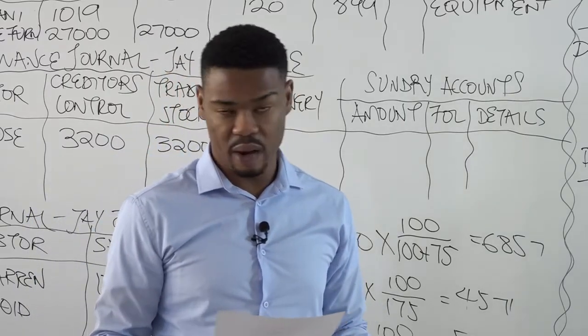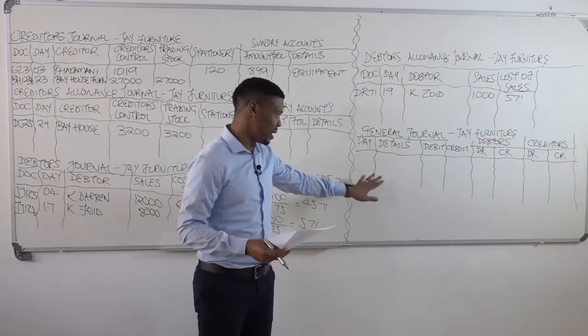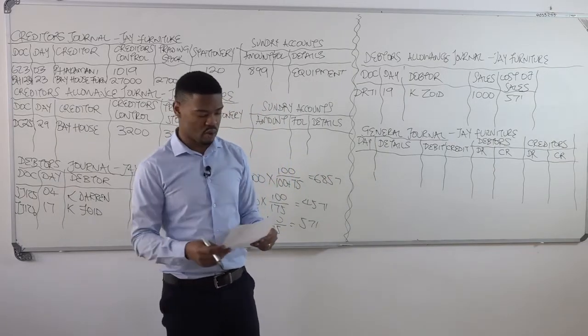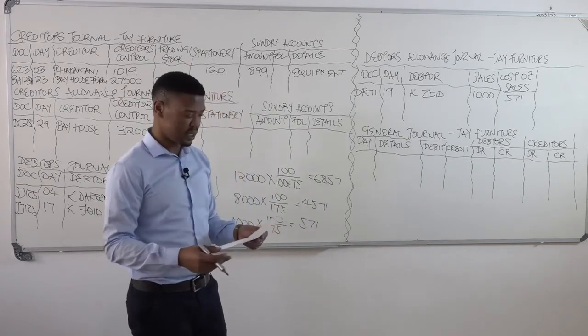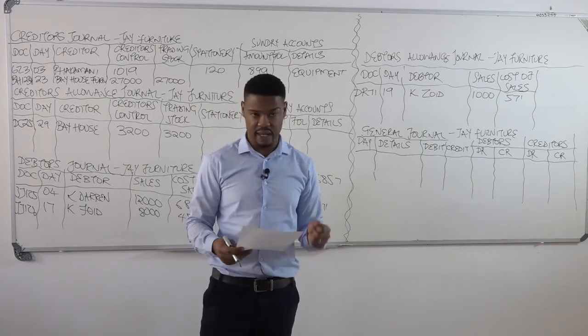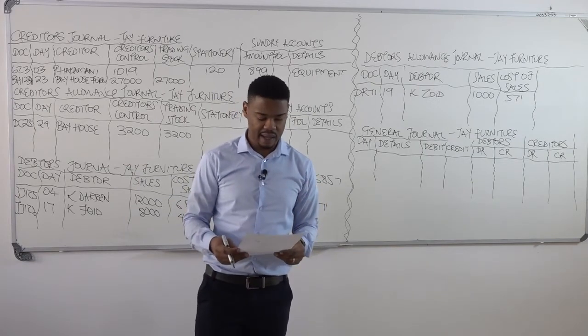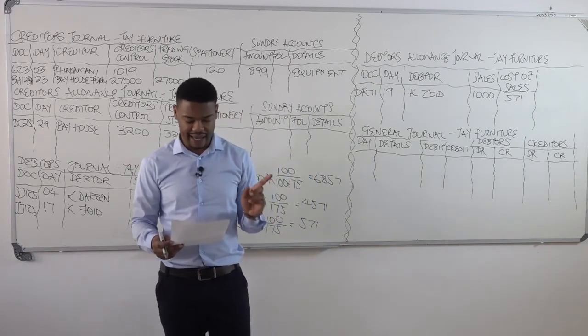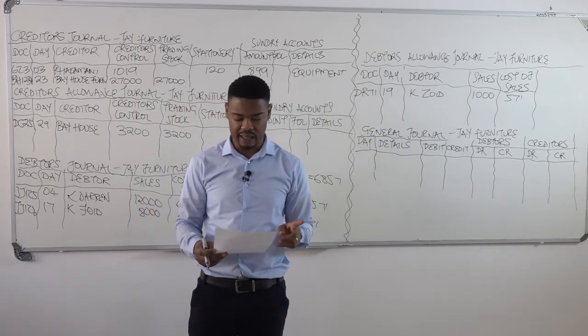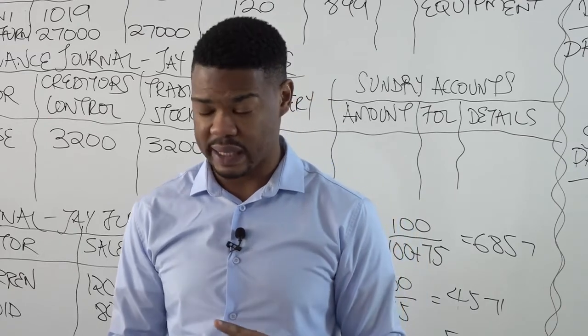The next journal we are going to do is your general journal. Remember, the general journal is for all the other transactions that don't fit into the first journals that you have completed. The first one that we are going to be dealing with is on the 5th of September. Transaction details say a credit purchase of goods from Bay House Furniture was wrongly credited to the account of Bay World Traders.